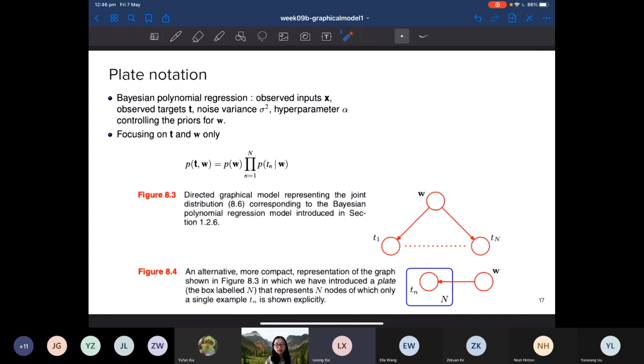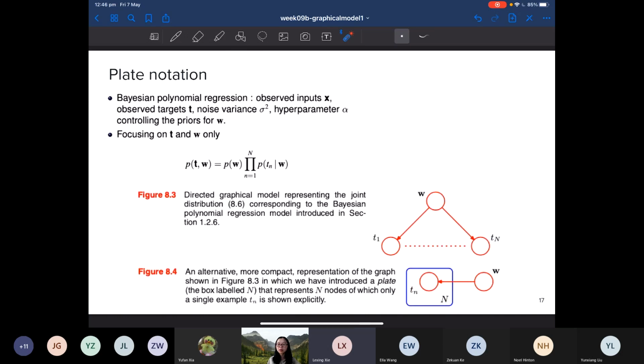The next thing we will see is what's called plate notation, or how to make Bayes nets more succinct if there are multiple copies of the same variable, such as a time series, or in the typical case of regression and classification, where we observe multiple target variables in our training set.